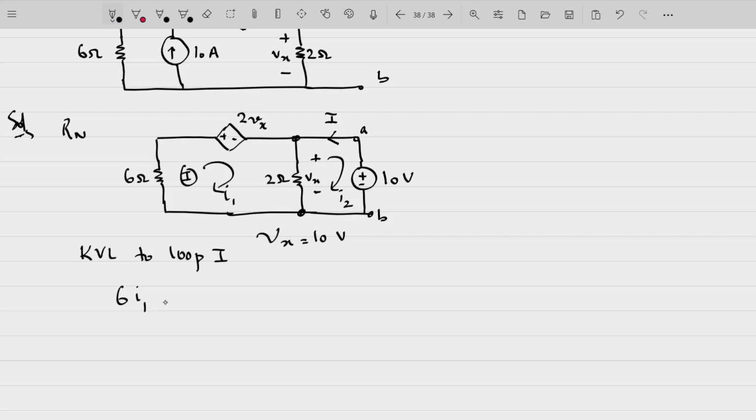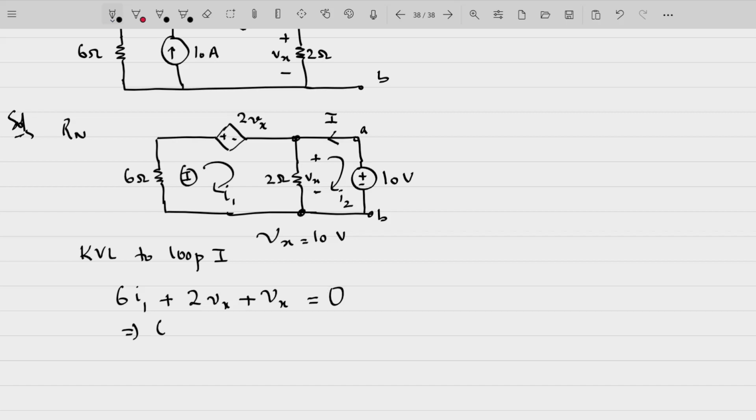6I1 plus 2Vx, fine, plus 2 into (I1 minus I2). I will not write that out, because the voltage across this resistance, that is Vx, is 10 volts, plus Vx is equal to 0, fine.